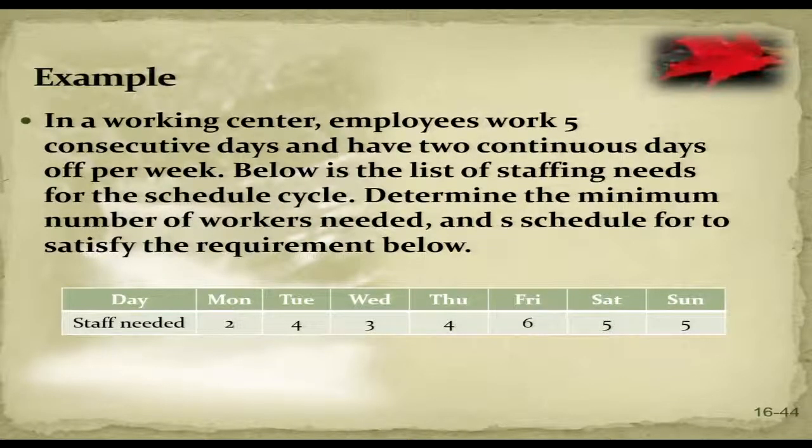People like to go out for dinner or lunch on the weekend. But Monday is the minimum. Tuesday, Wednesday, Thursday are okay, but not as high as Friday, Saturday, Sunday. Now we have to determine how many, let's say, waiters and waitresses we need for this place. How to do that?